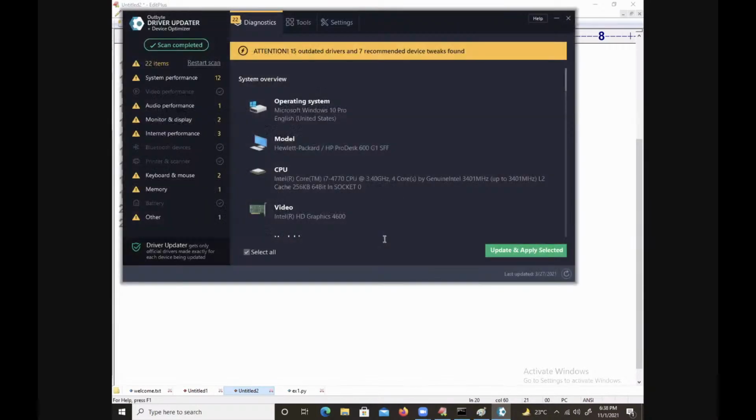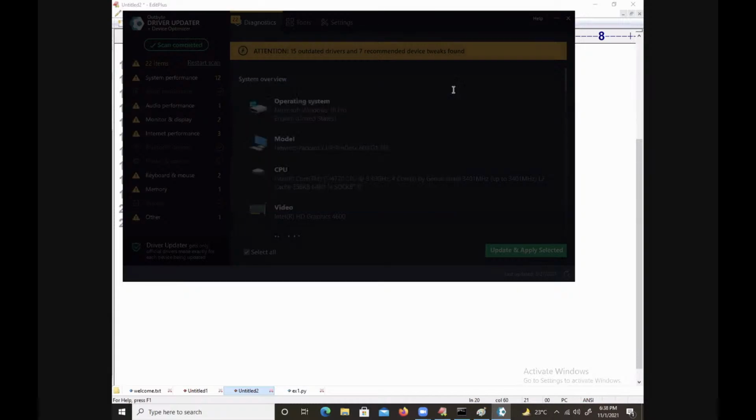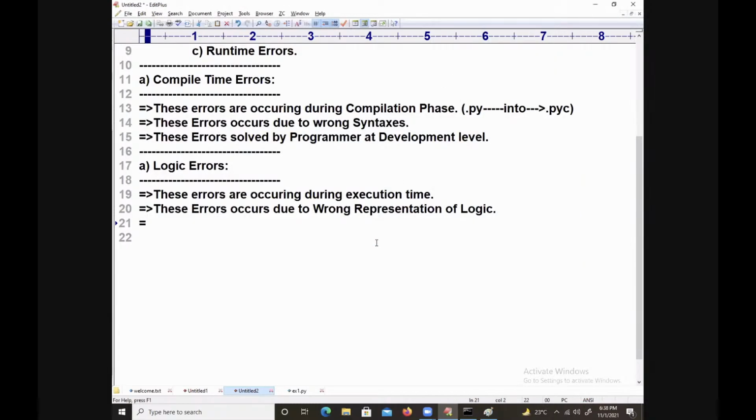Because of this, what type of things will come? These errors are occurring due to wrong representation of logic. So we will get what? A wrong result will come.